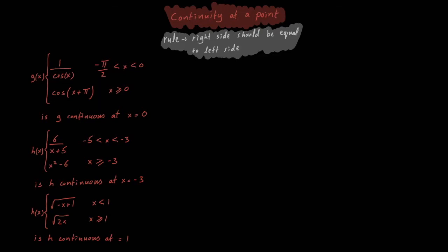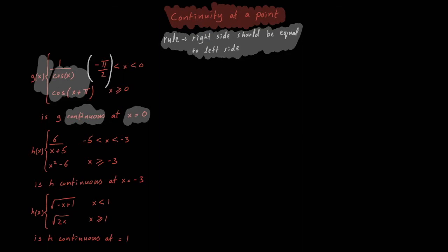So usually how I read the question is, I simply see, okay, there are two equations and there is the word continuity and it is asking me to find it at 0. Then I know that this value over here does not mean anything. The only thing I have to do is to simply substitute for x, which is 0, in both equations and see if the answer is the same or not.